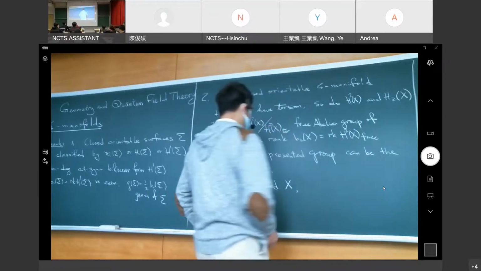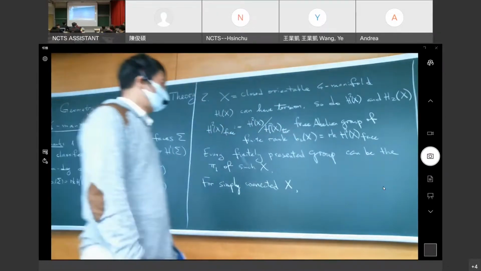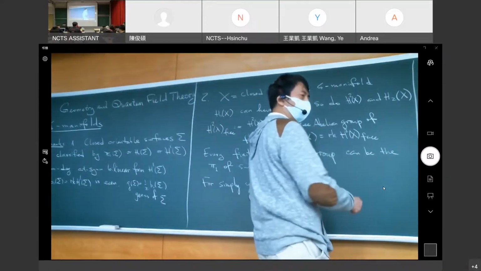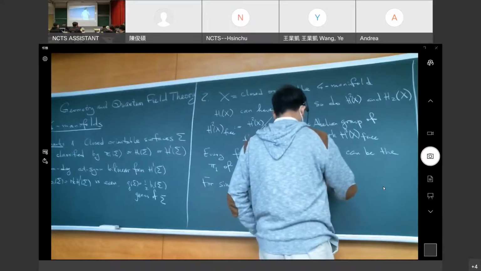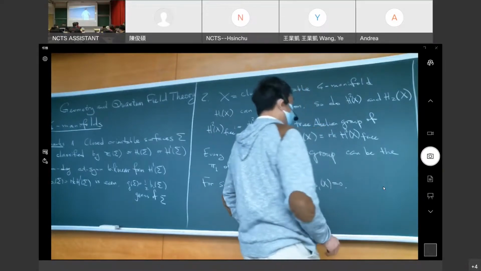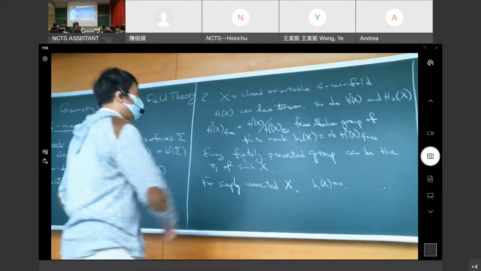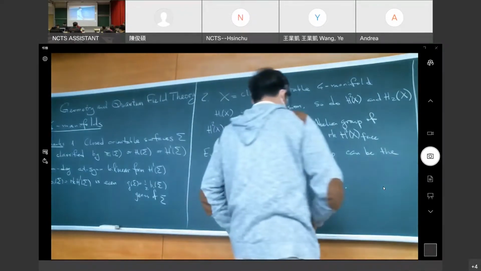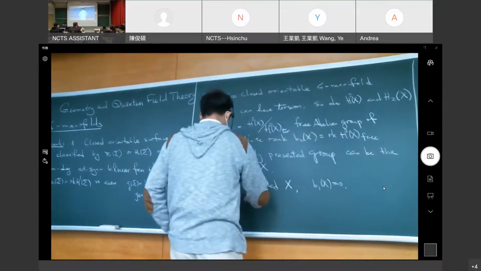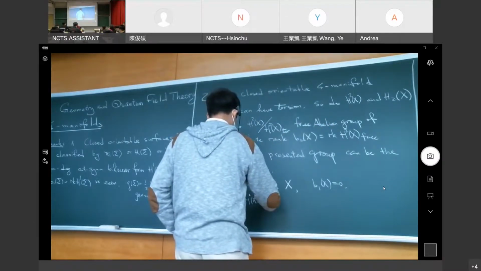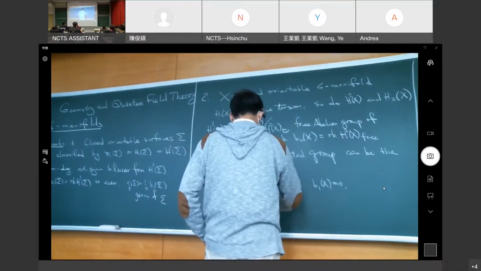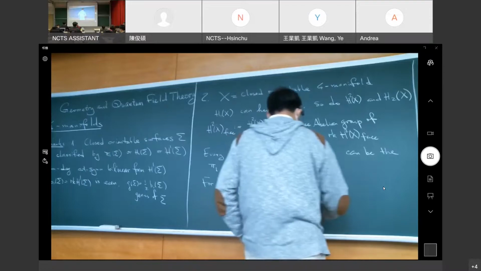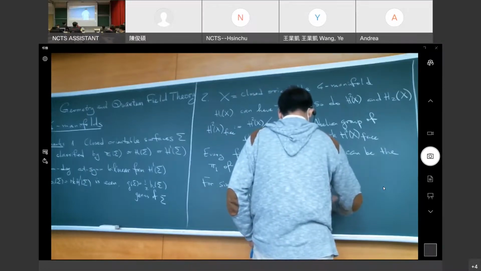So for simply connected four-manifolds X, what we have is that its abelianization, namely H lower one, is zero. So the first Betti number is zero, and also because H lower one is zero, we have H upper two and H lower two have no torsion by Poincare duality.